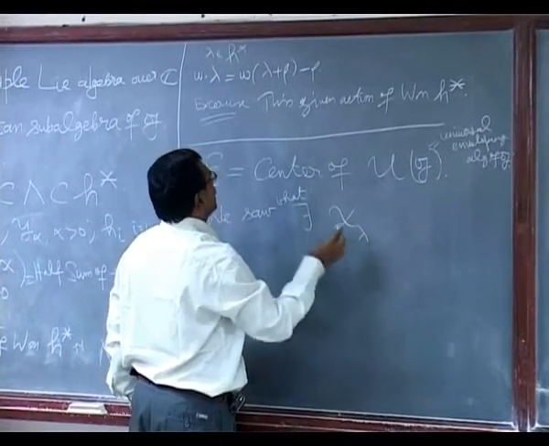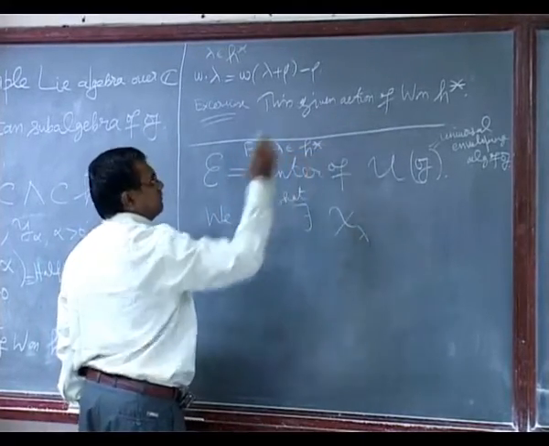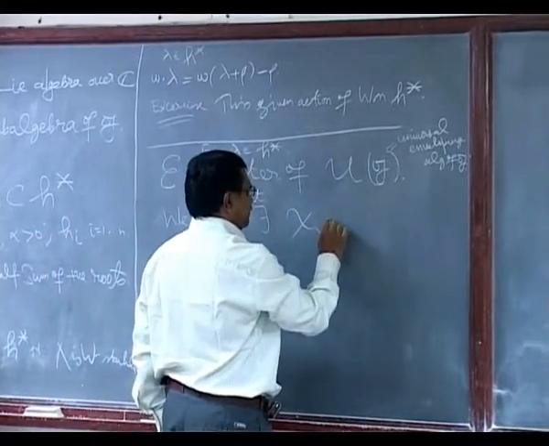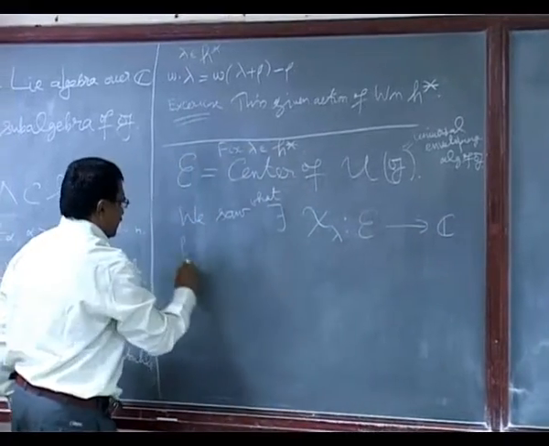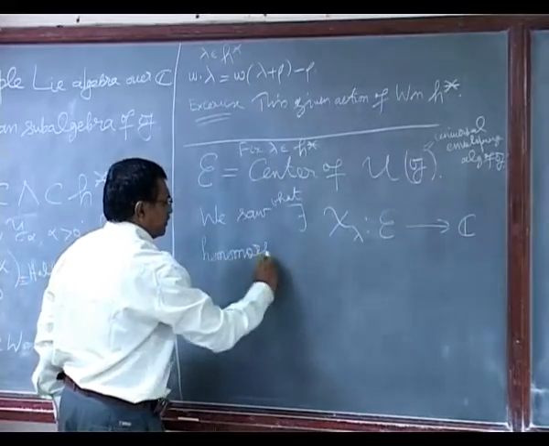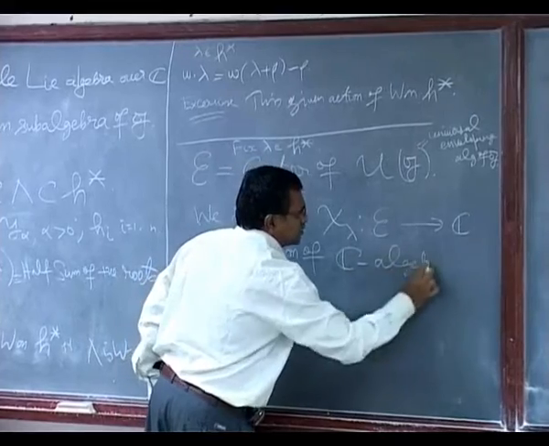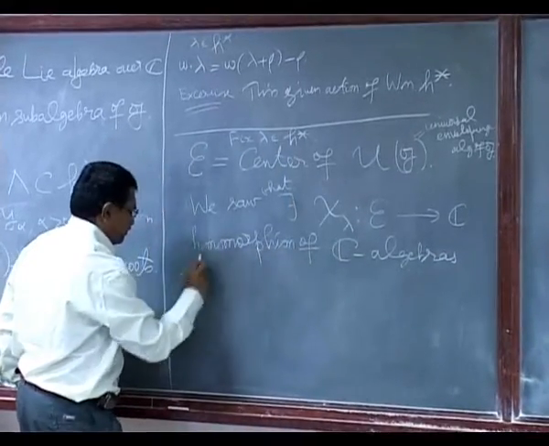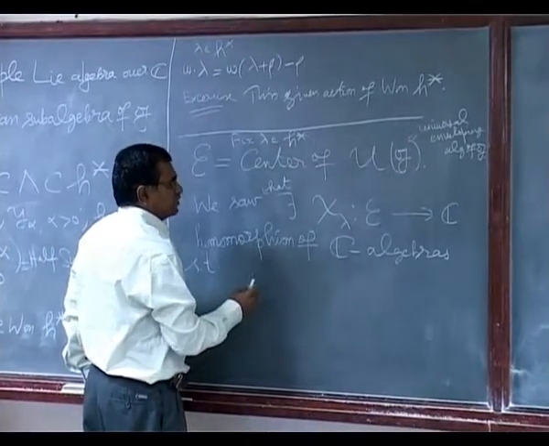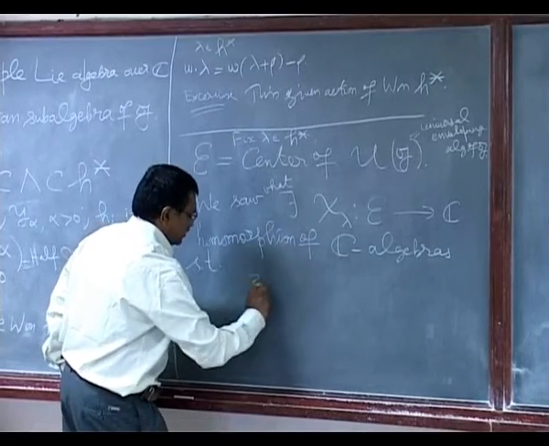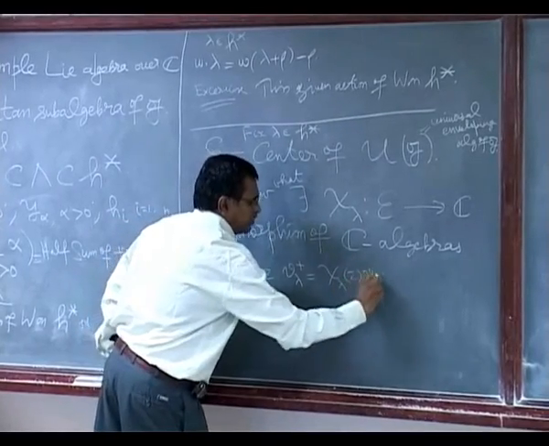chi lambda. So, okay, I fix lambda also. Chi lambda from epsilon to C, a homomorphism of C algebras such that z operating on v lambda plus is chi lambda of z times v lambda plus.